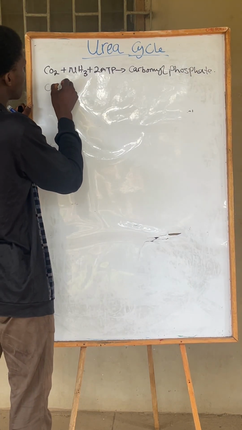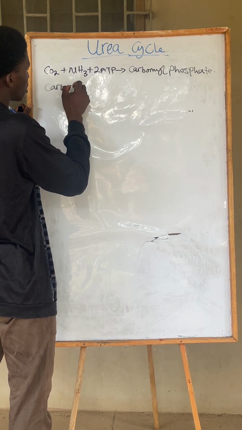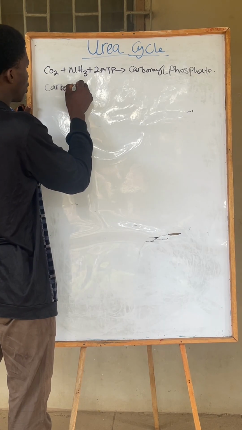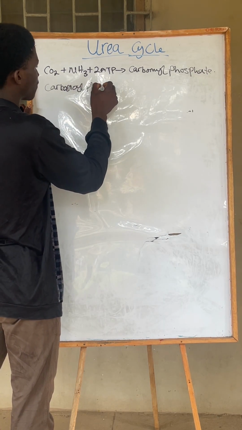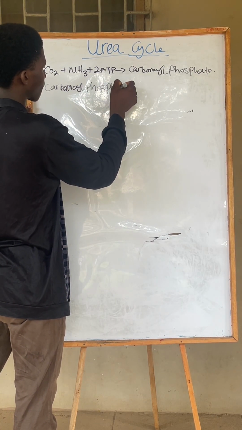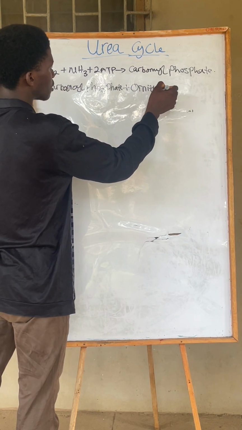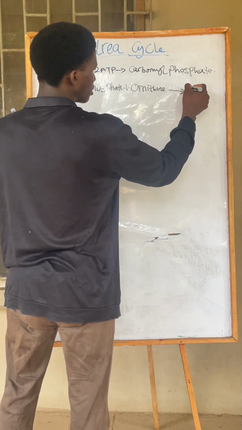Your carbamoyl phosphate plus your ornithine will give citrulline.